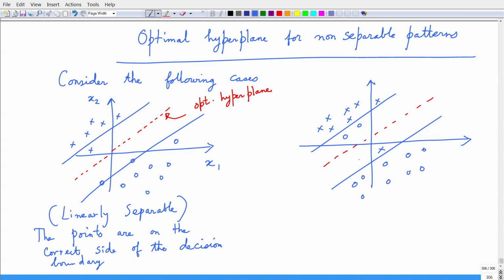So, I have essentially points that are inside this margin, but on the wrong side of the decision surface.